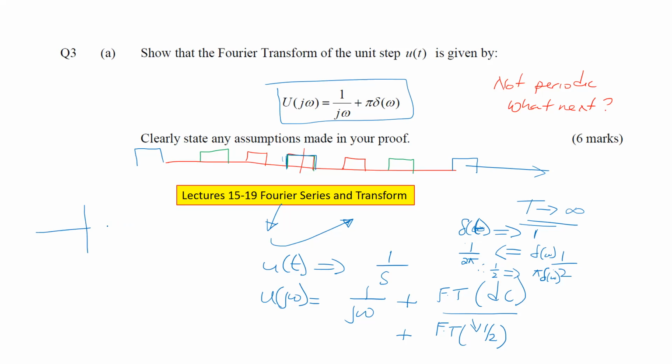So if I give you something looking like this, positive 0, positive 0, this has a DC value, right? So you're going to have to take the sort of approach we took for this question.